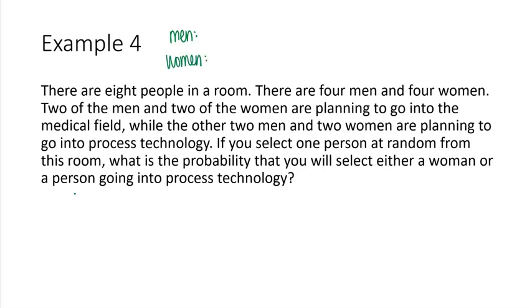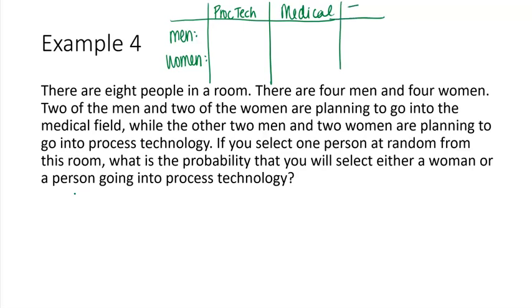Okay, I'm going to go ahead and organize this in a table for us just to kind of help us see what's going on. They also told us process technology versus medical. So they tell me there are 4 total men in the room and 4 total women for 8 people in all.